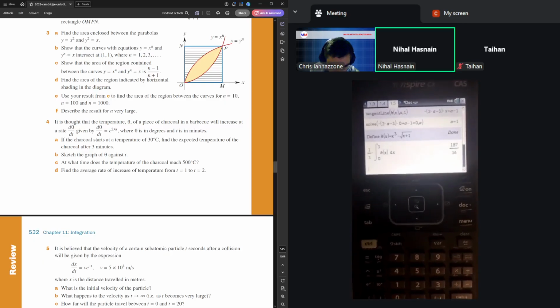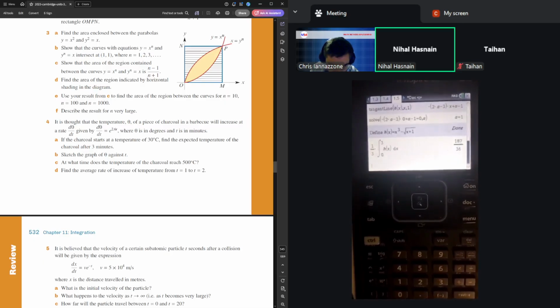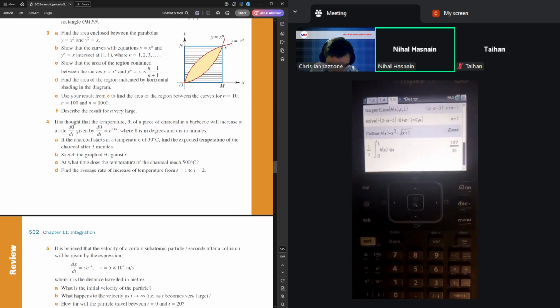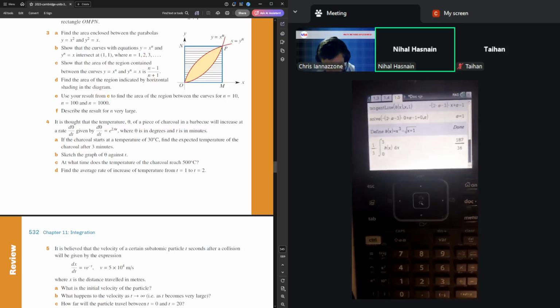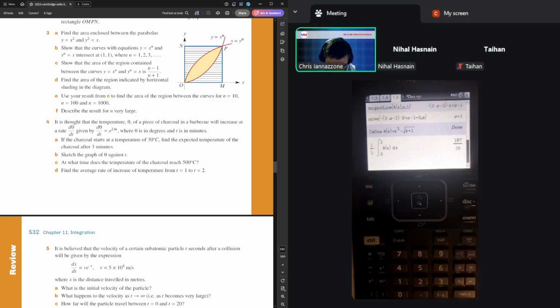So the options are 12, 25 over 3, 26 over 3, and 8. Yeah, that should be busted then. If it's definitely from 0 to 3, then this is how you do average value. Where was this sourced from?